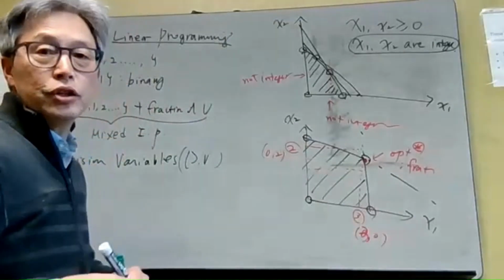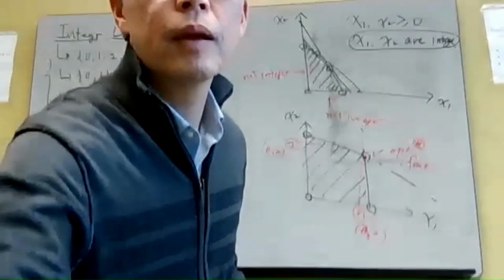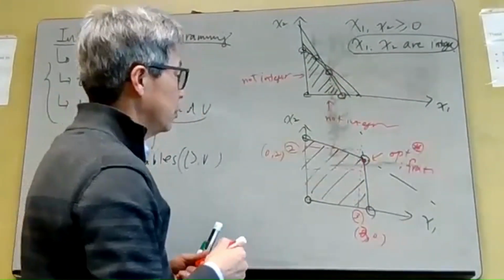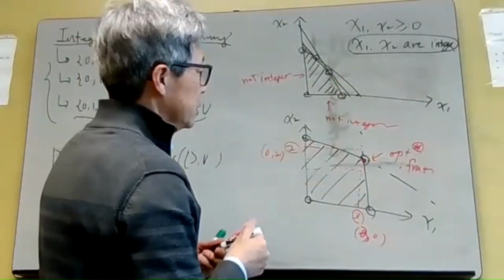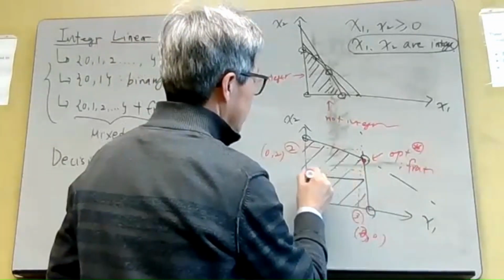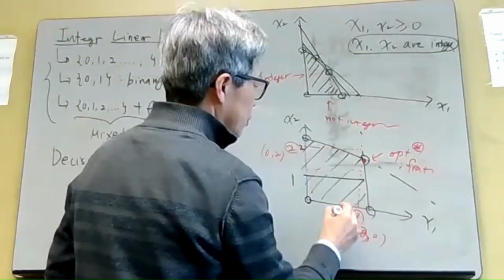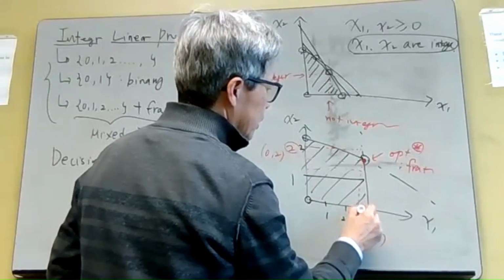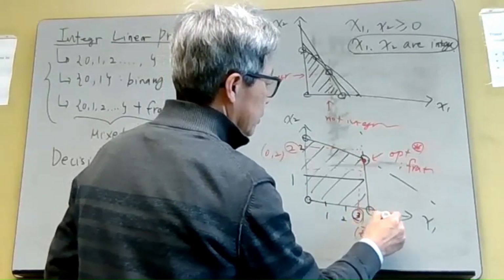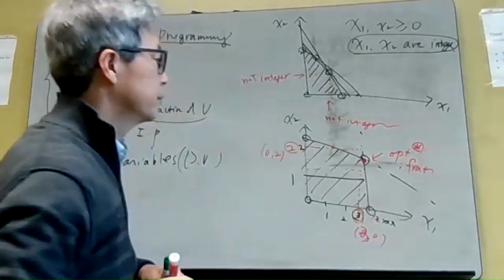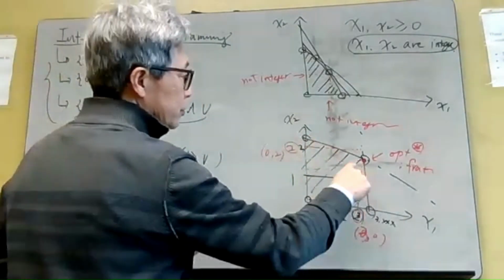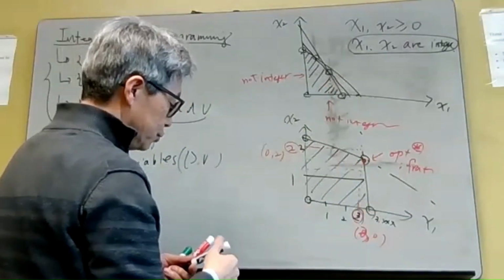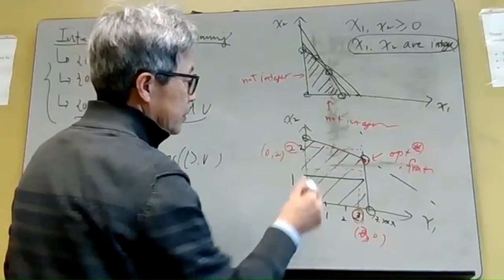To find an integer solution, we just need to round up and round down. So as you see, maybe 1, 2, 3 over here, and then the point with the decimal values. Our integer solution will be rounded down or rounded up. Then we can find integer solutions.